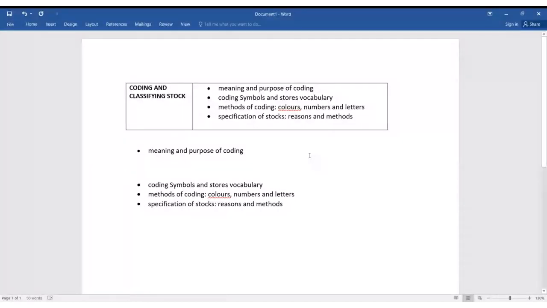In this regard, we look at the meaning and purpose of coding, the symbols used in coding, stores vocabulary, methods of coding, numbers and letters, and specification of stocks and reason and methods used for specification.